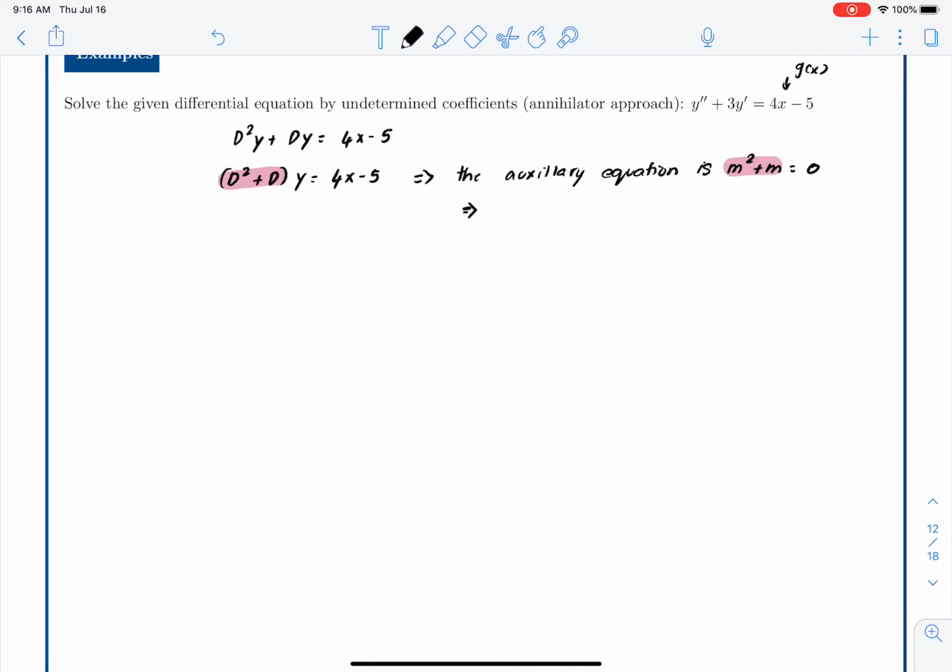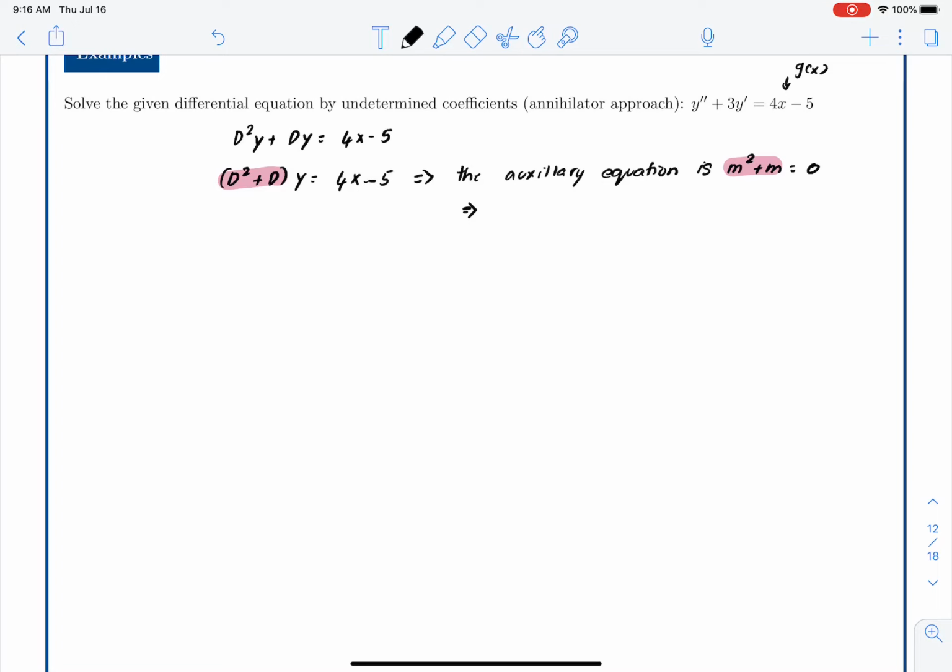Now, the auxiliary equation is for a homogeneous equation, and you may say, well, this is a non-homogeneous equation, why is he doing it right now? I like to do it at this step so that I don't get confused with the differential operators that I apply later on. Because I know eventually I'm going to turn this non-homogeneous equation into a homogeneous equation.